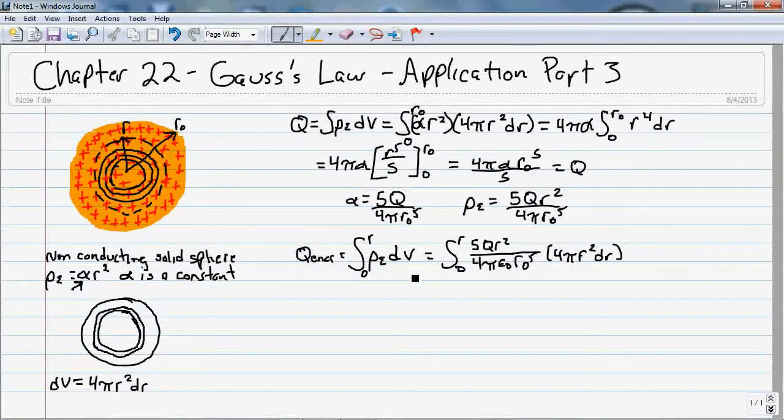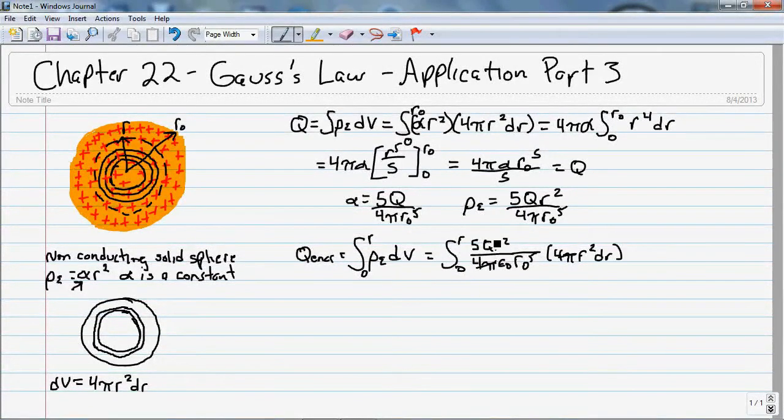And this is just going to simplify. You notice that the 4 pi's are going to cancel out. And then I want to keep the 5 in here.